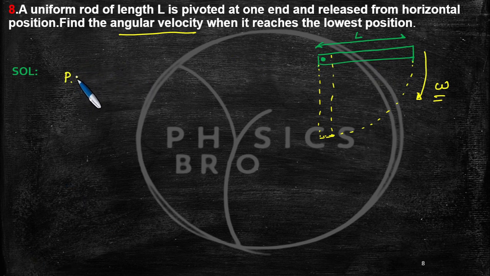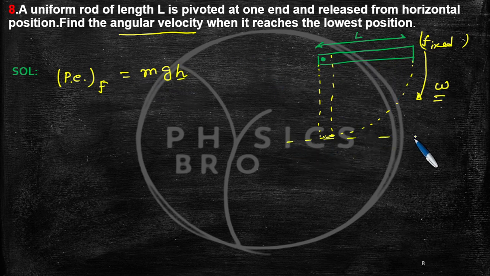So let's write down the potential energy first. The potential energy at the fixed point, we say this fixed point F. What is the potential energy? You can easily write that this is nothing but mgh. Okay, there is something different. What will be the h?